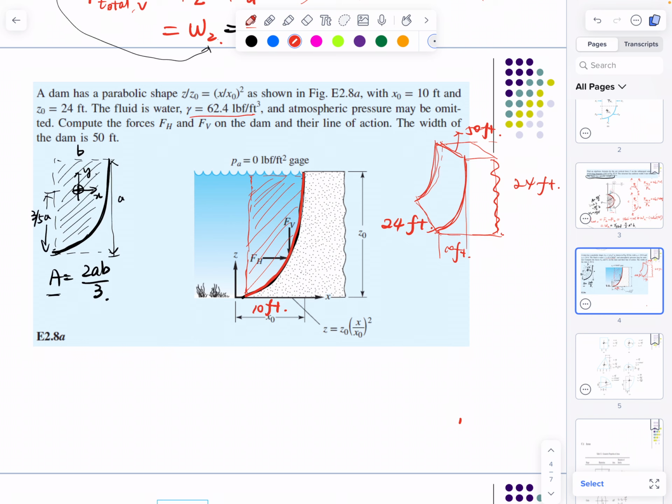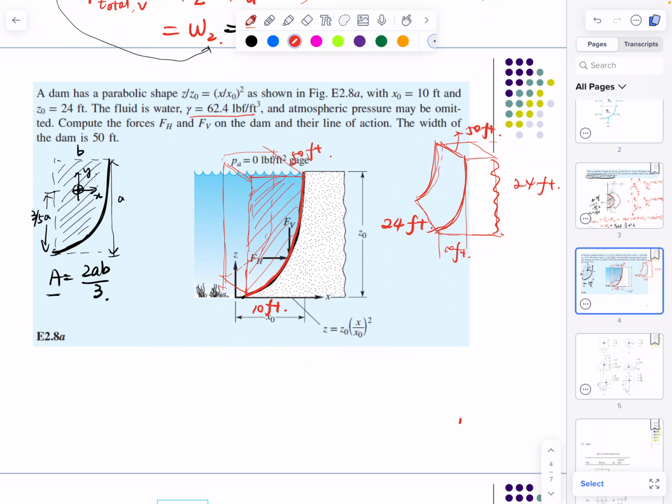So it is this shape with a depth in or out of the paper of 50 feet.